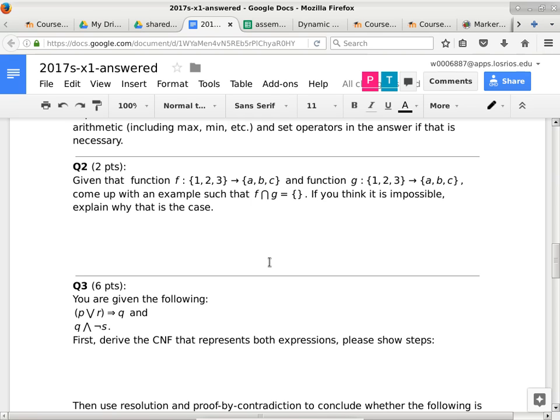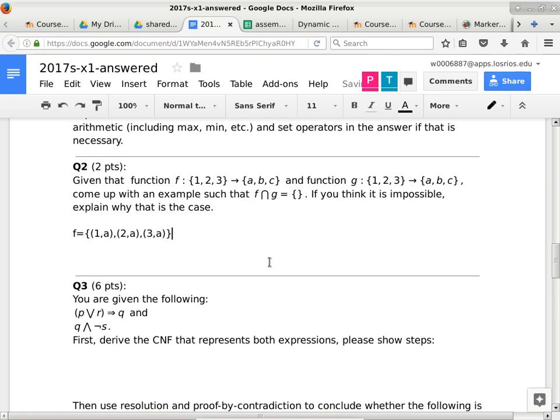Yes. And there are many ways to make it possible. One way to make it possible is you define F so that everything maps to, say, A. So we have 1A, 2A, and then 3A. Is F a function when it has this mapping?